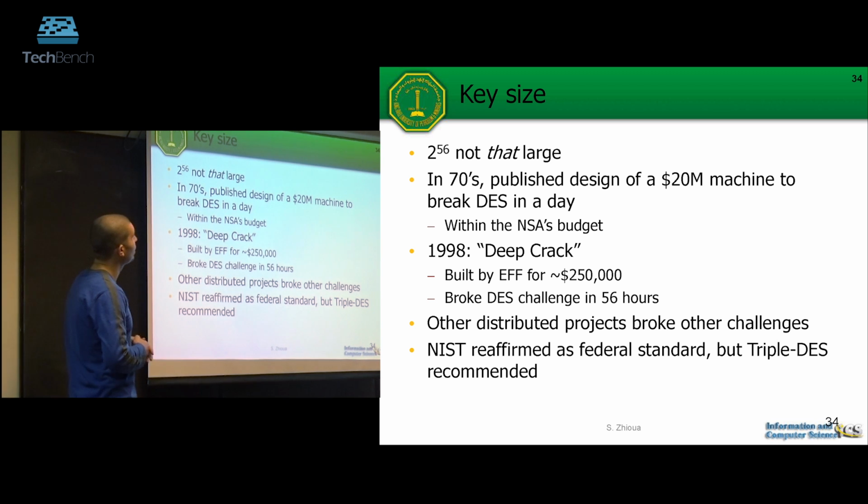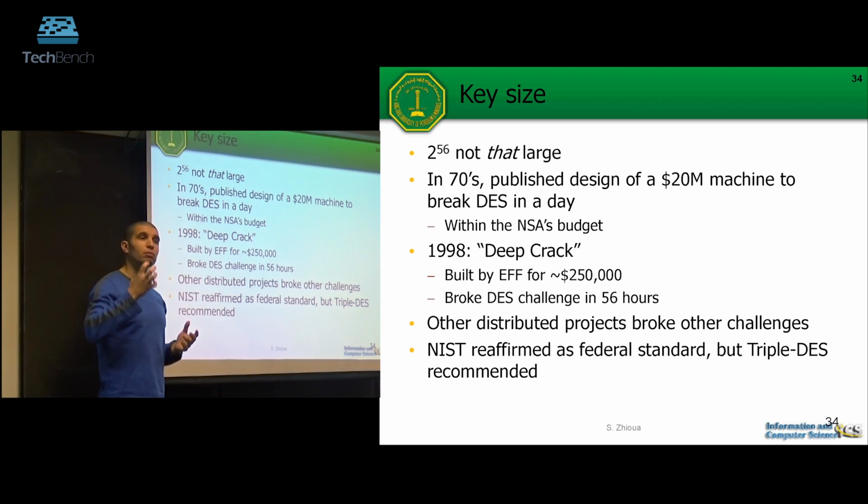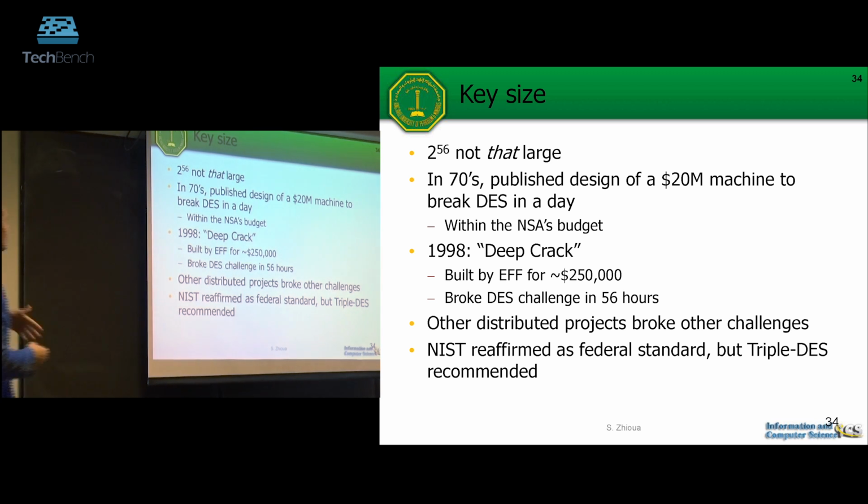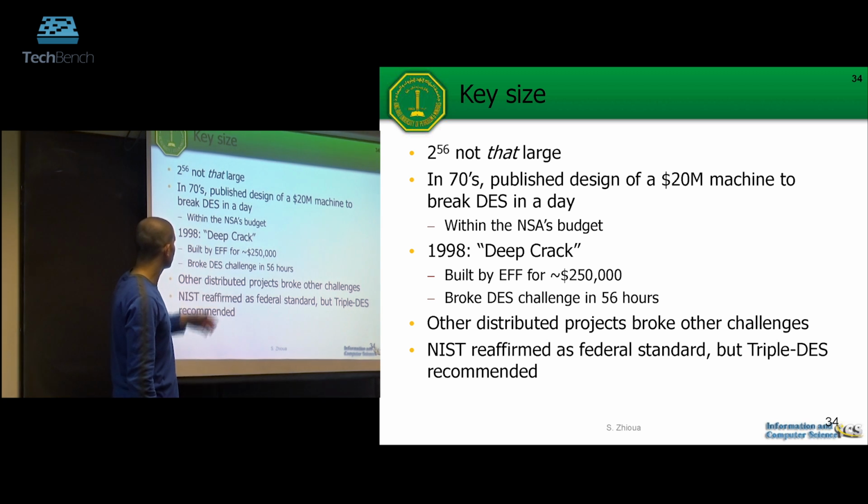The problem is that if you capture one packet and spend all day decrypting it, you will break it with just 56 bits. Other attempts, like Deep Crack in '98, a cracker for $250,000, also succeeded.